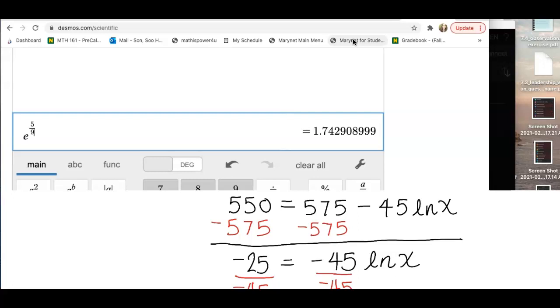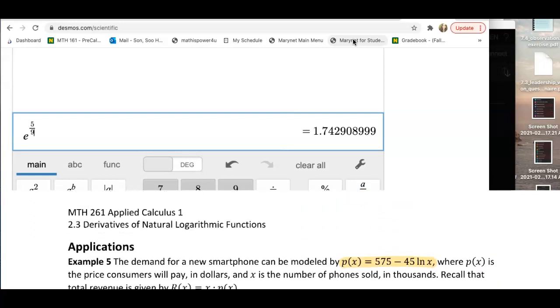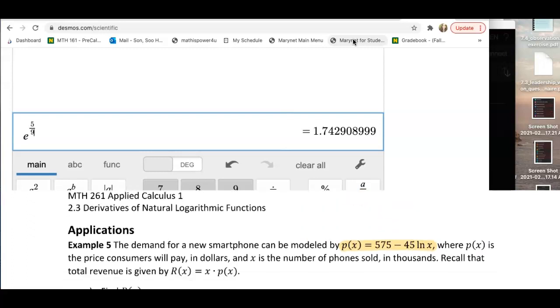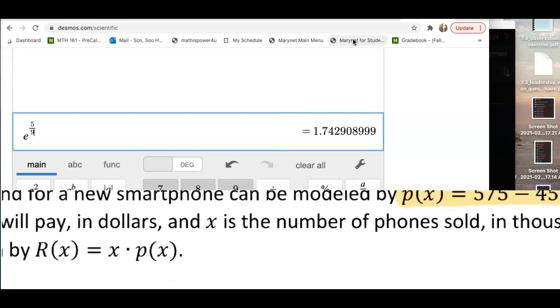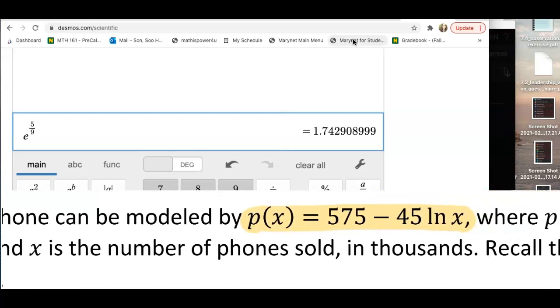But I want you to remember something about the x value. Let me scroll up and show you where they said it. Right here, I'm going to zoom in. You see that part? X is the number of phones sold in thousands.